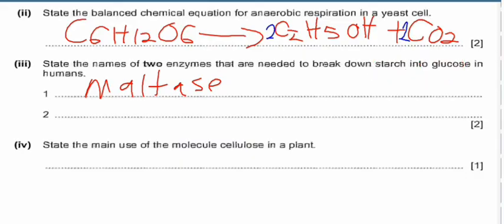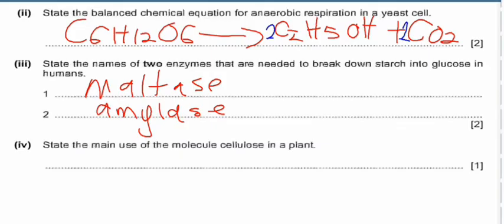So maltase is going to break down starch into maltose, right? And maltose is going to be broken down by what we call the amylase into glucose. So we have maltase and the amylase. Those are the enzymes which are needed.